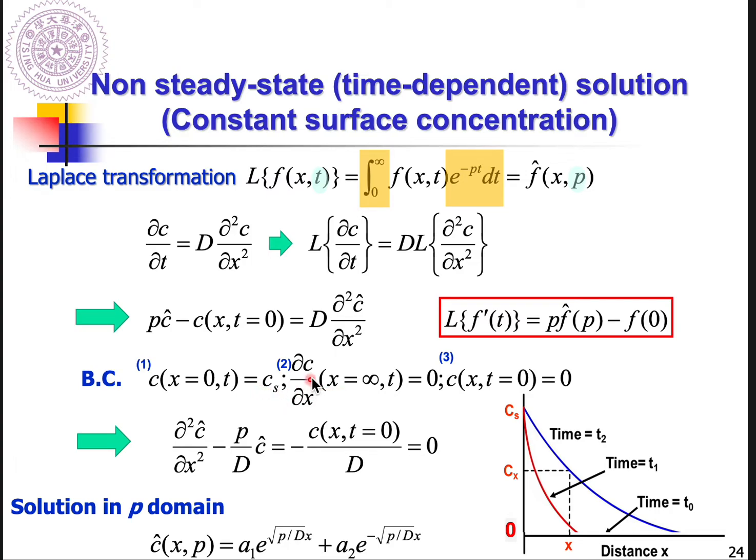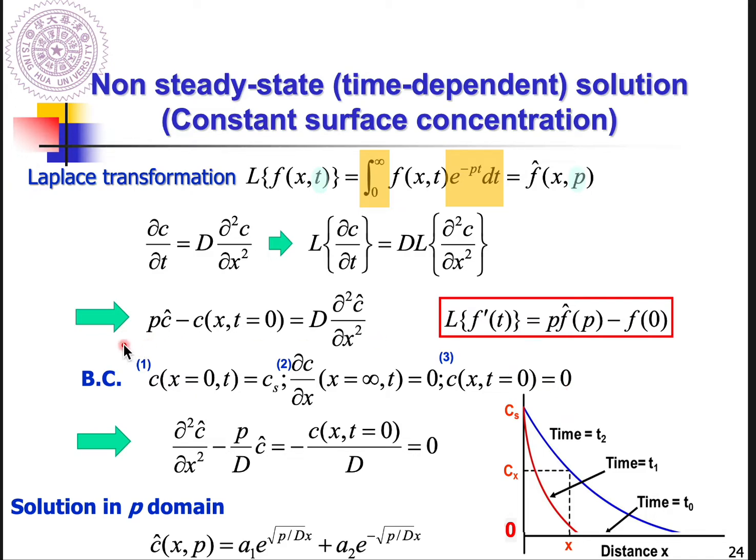The second boundary condition is partial c partial x equals 0 at positive infinity, which is far, far away from the diffusion source; in this region the concentration does not change with location. And the third boundary condition is at t equals 0, before diffusion, the concentration of the diffusing atom at any location inside this material equals 0.